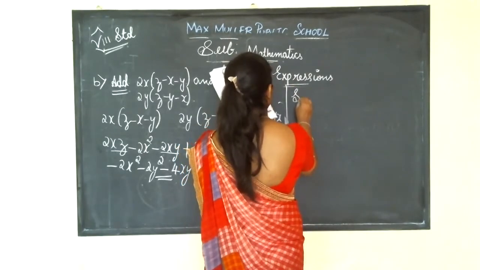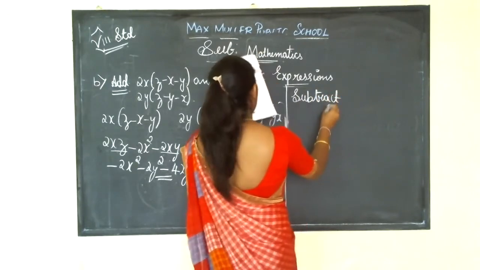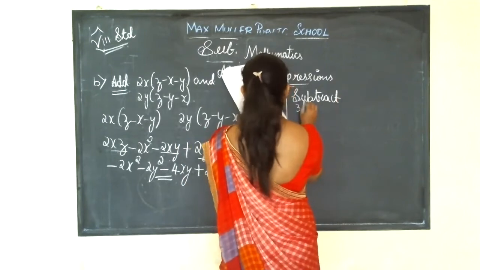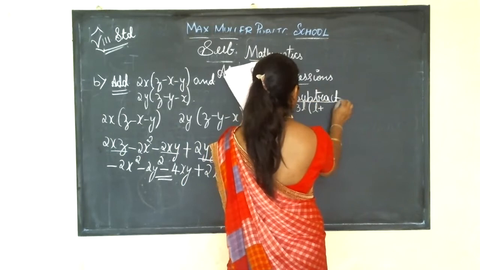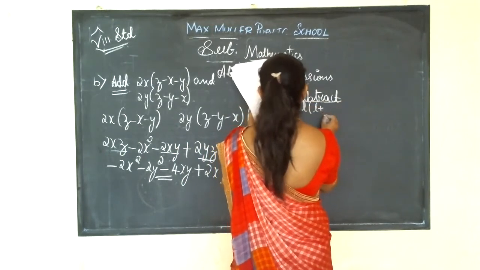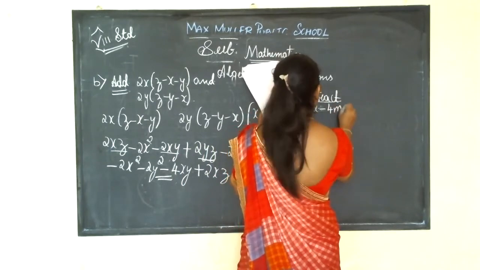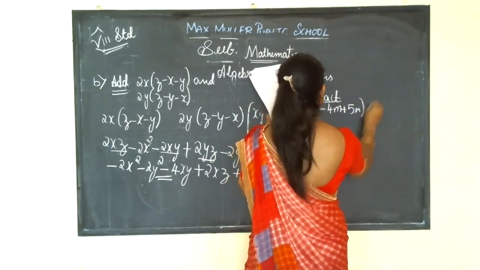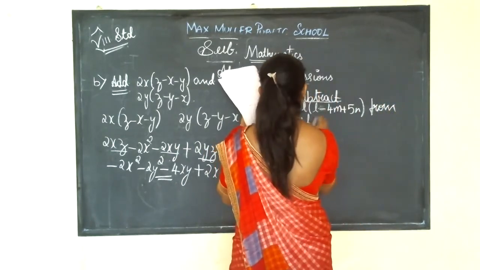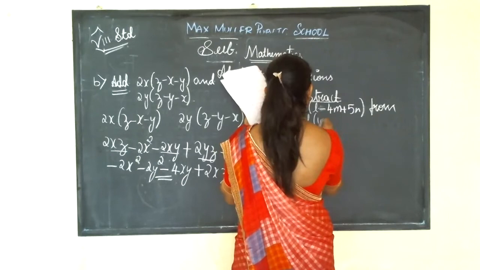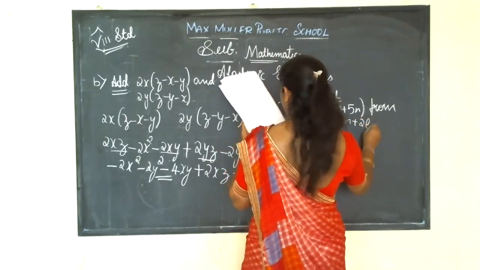Subtract, they have given here. Subtract 3L into L plus 3L into L minus 4M plus 5N from 4L into 10n minus 3m plus 2l.